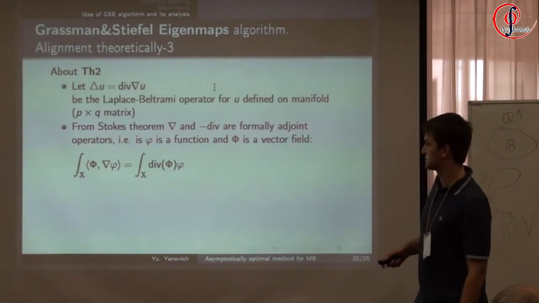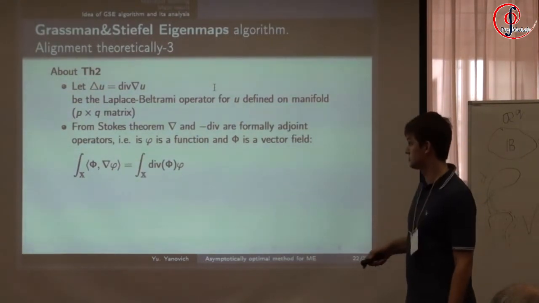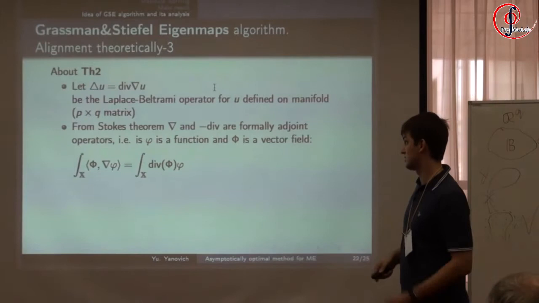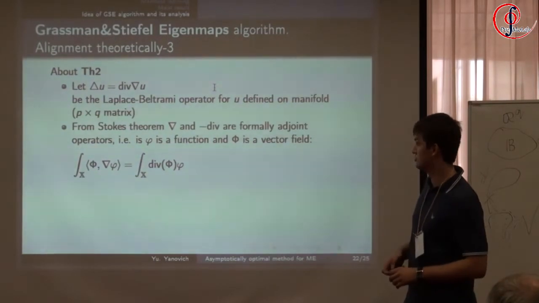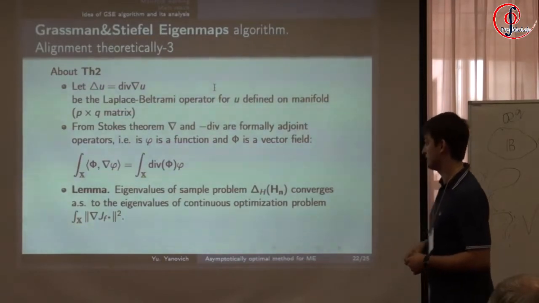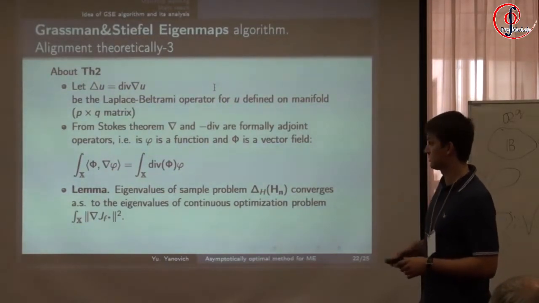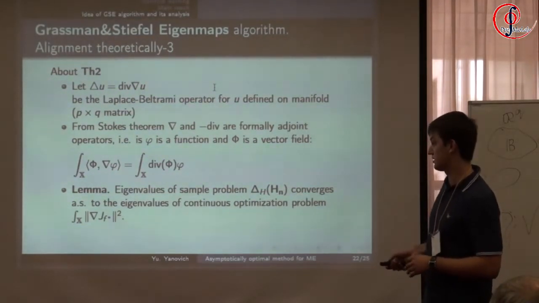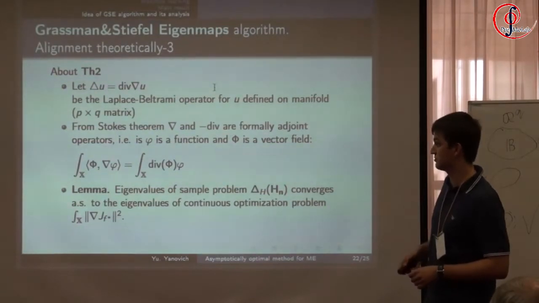And from the Stokes theorem it follows that some operators are formally adjoint, and the eigenvalues of the sample problem converge to the eigenvalues of the continuous optimization problem.